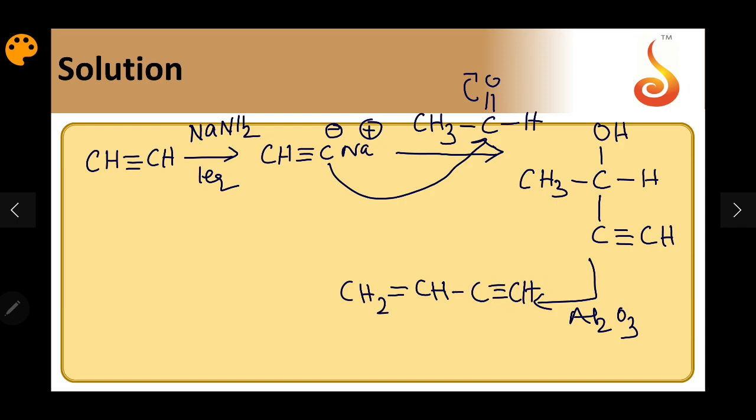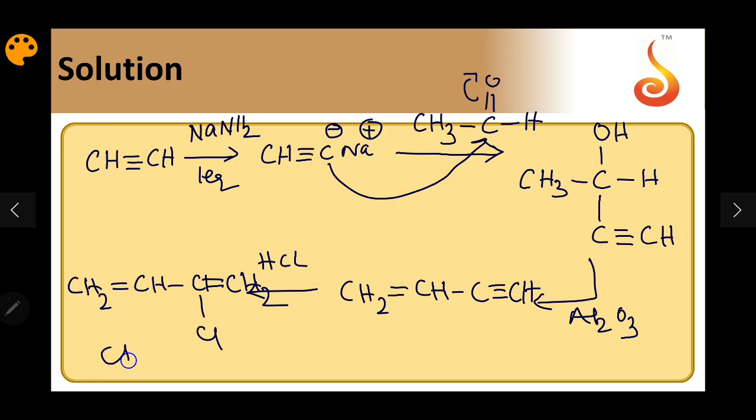Now you are adding one equivalent of HCl. When a double bond and a triple bond are both present, the triple bond becomes more reactive. So CH2 double bond CH single bond CCl double bond CH2. So with HCl it is going to give 2-chlorobuta-1,3-diene. That is nothing but chloroprene. And in the next step it is given that it is polymerized.